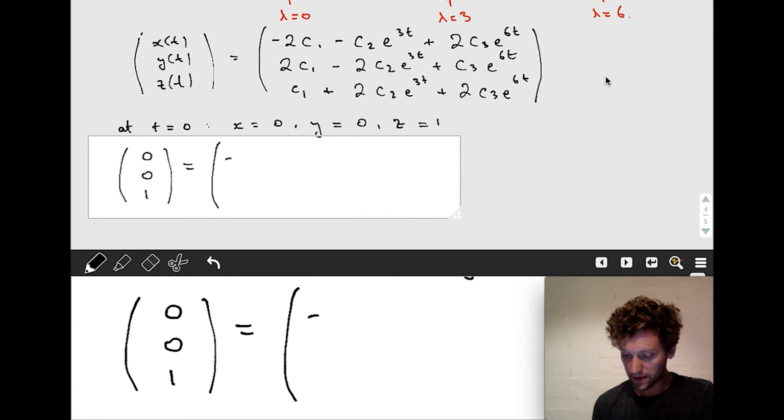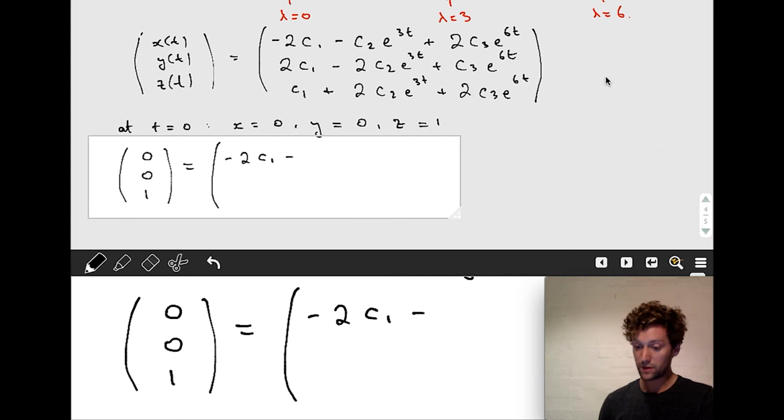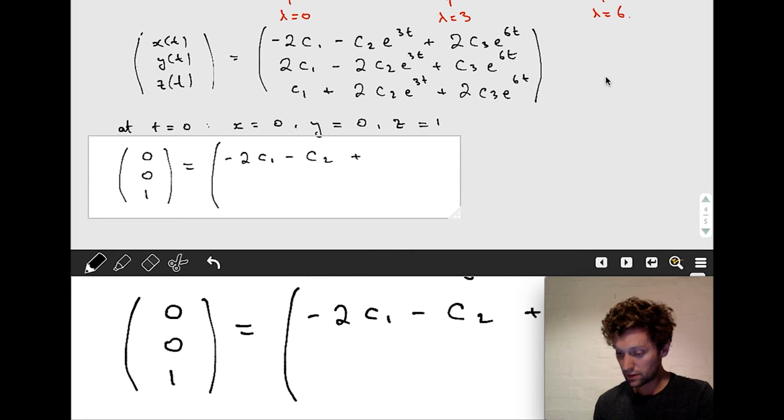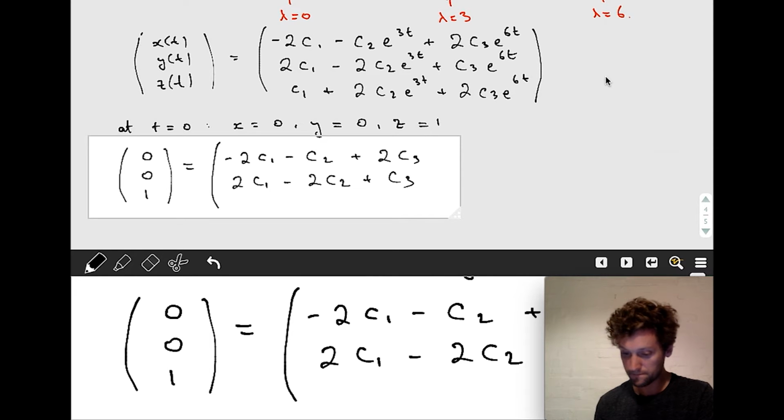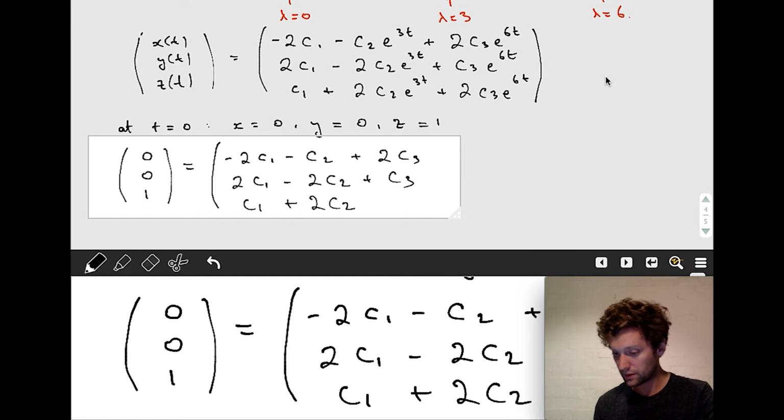I'm going to have minus 2 times c1 minus, when t is equal to 0, e to the 3t is 1, so I get minus c2 plus 2c3, 2c1 minus 2c2 plus c3, c1 plus 2c2 plus 2c3.